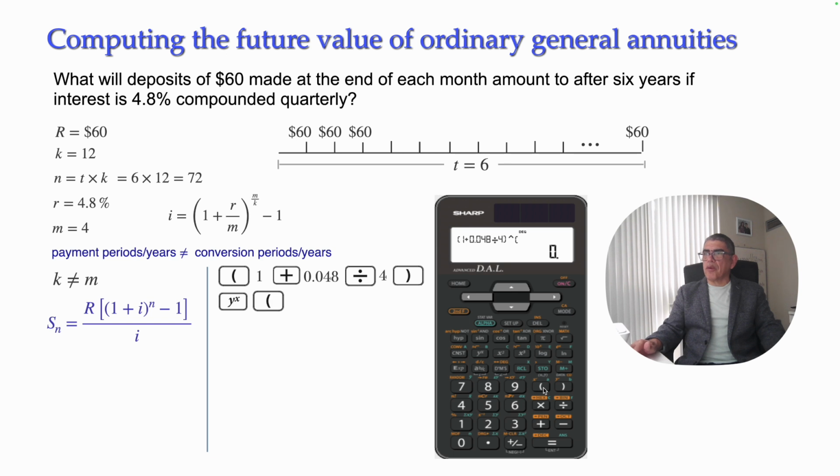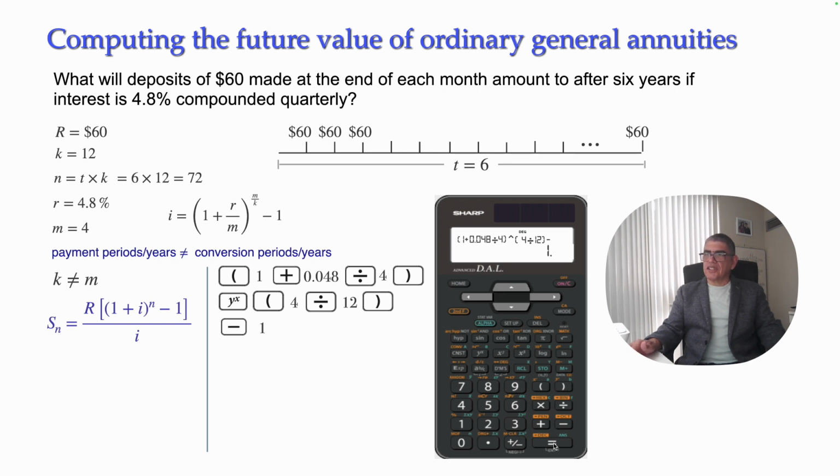So I'm going to open bracket and then, m is 4, so 4 divided by k, and k equals 12. So this will be divided by 12 and close the bracket. In this way I put the exponent in brackets, and then minus 1. So I press minus 1. So I have typed the whole formula in the calculator.